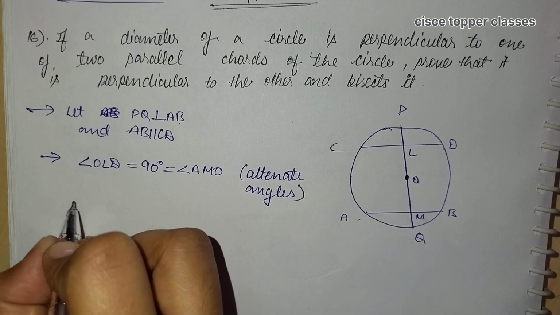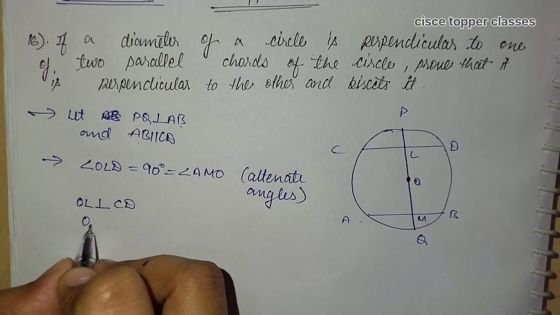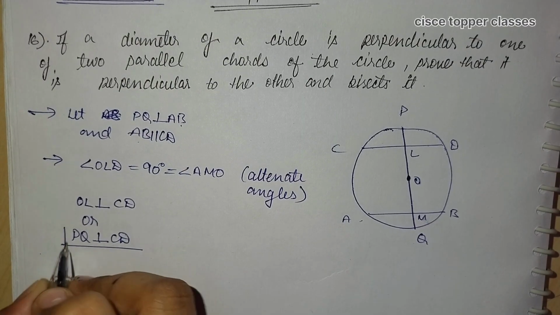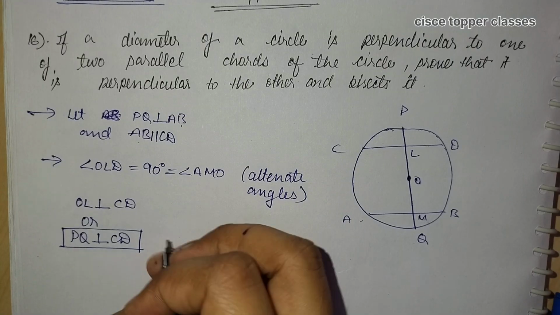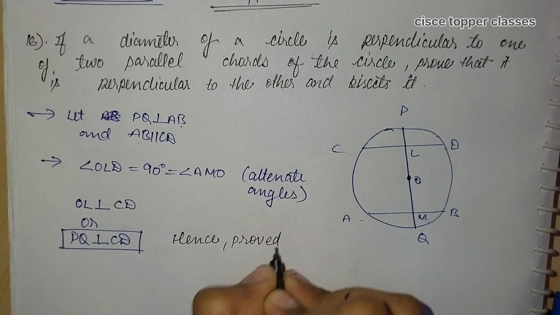Hence proved that OL is perpendicular to CD, or we can say PQ is perpendicular to CD, and this is what we had to prove. Hence proved, and this is the solution of question 16.